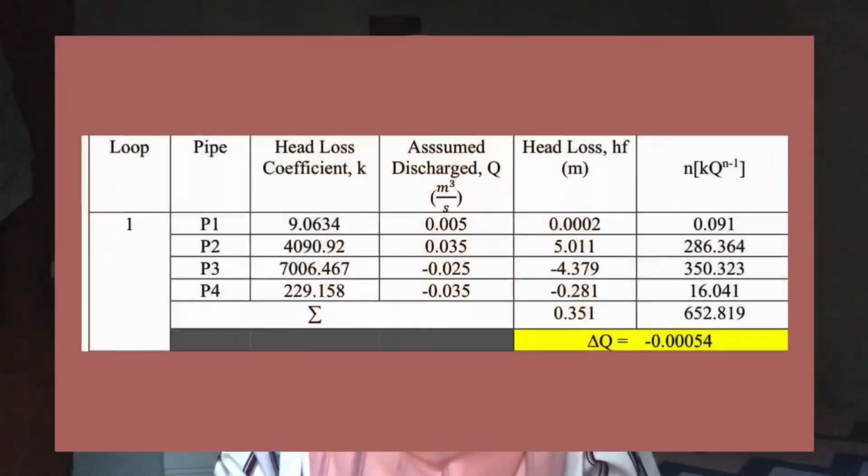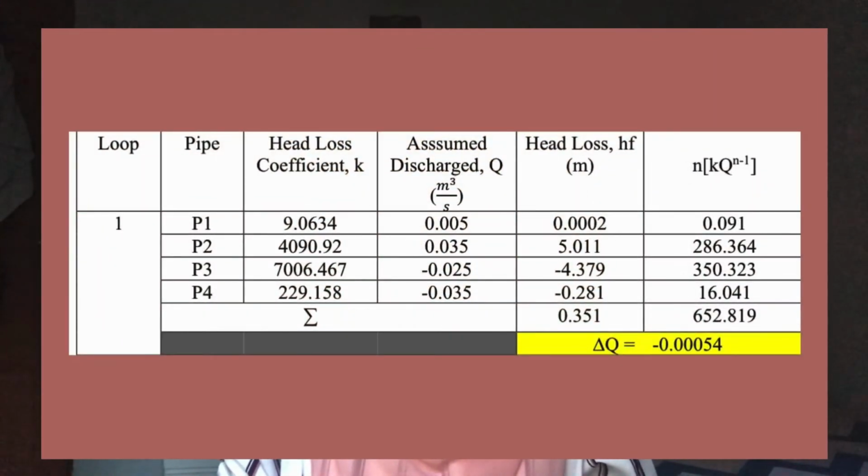In this fifth trial, we still use the same pipe direction and the same schematic as before, but we just change the assumed discharge for each pipe in each of loops 1, 2, 3 and 6. So here are the results. Here are our final correction values for the fifth trial. For loop 1, we get negative 0.00054.